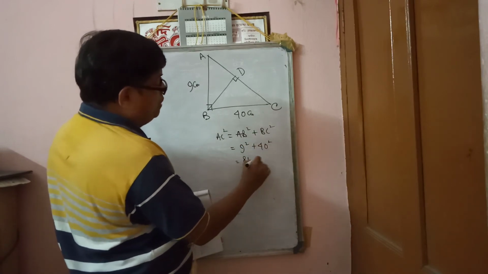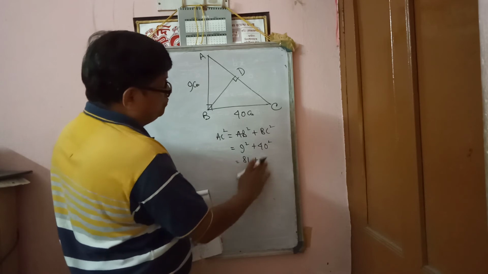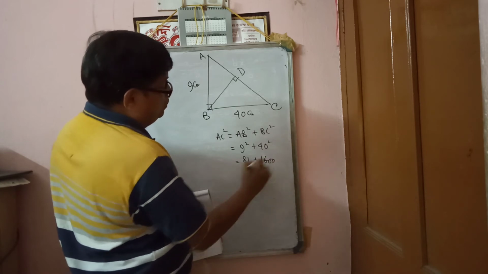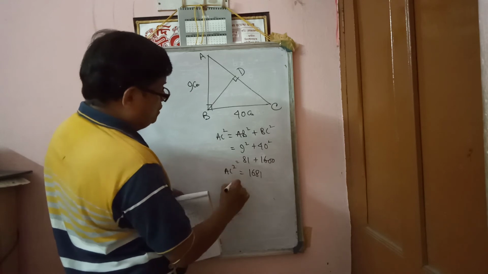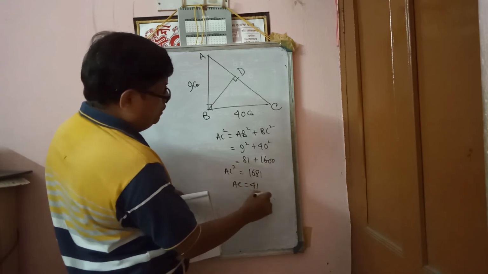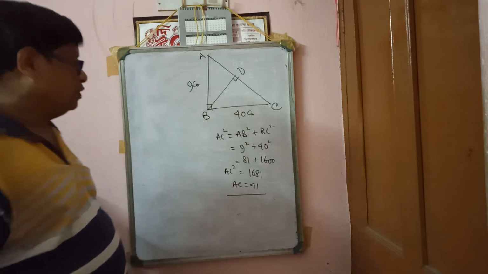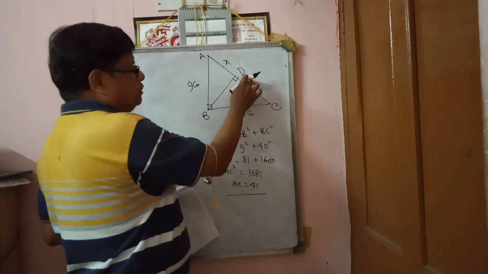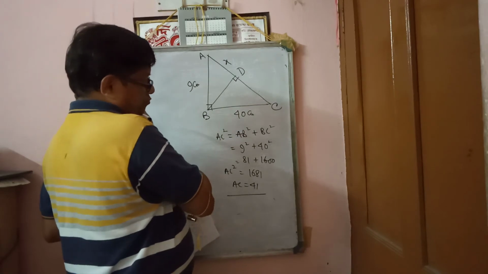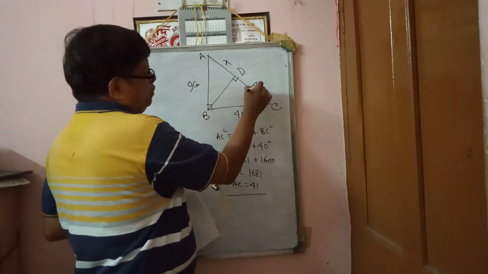So 81 plus 1600, 1681. So AC square is 1681, so AC equals 41. Suppose this is x, so this part we can write 41 minus x.